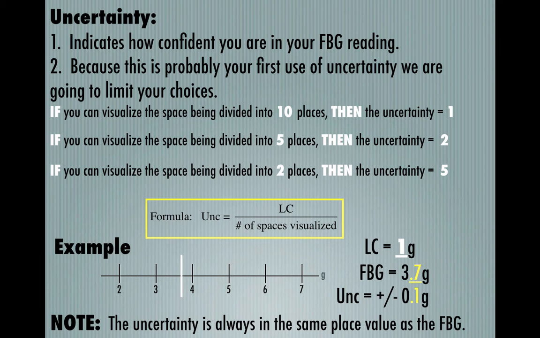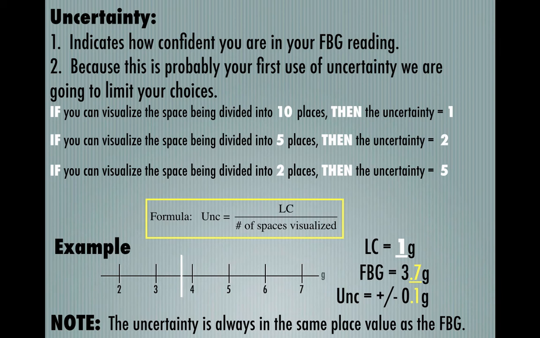If you think about the definition of the word guess, guess means you're uncertain to some degree. So it makes sense that the uncertainty, how confident you feel in your guess, is going to be in the same place value as your guess.